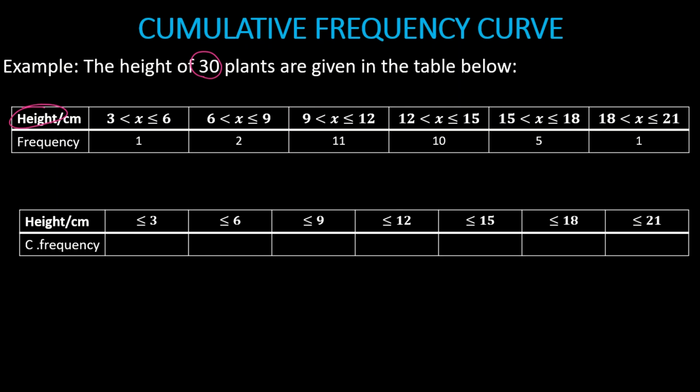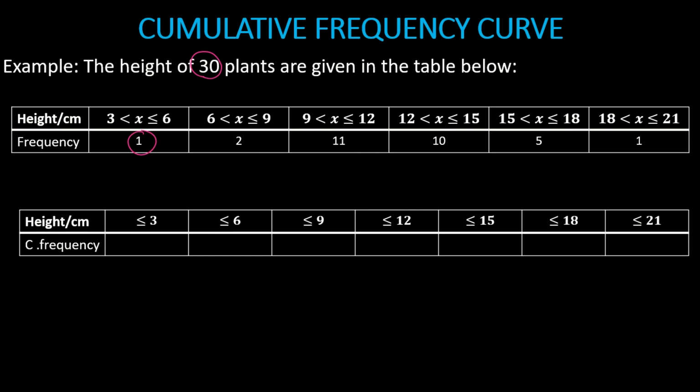The first interval is from 3 to 6 centimeters, the second interval from 6 to 9, the third interval from 9 to 12, and so on, up till the last interval from 18 to 21 centimeters. And for each interval we are given their corresponding frequencies, meaning the number of plants for each particular interval.